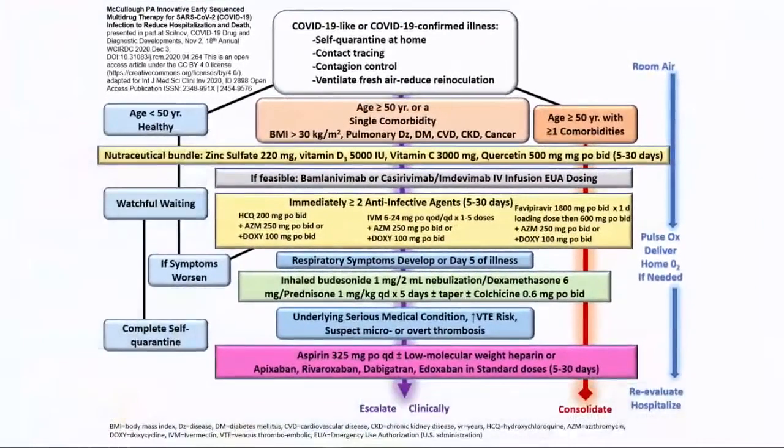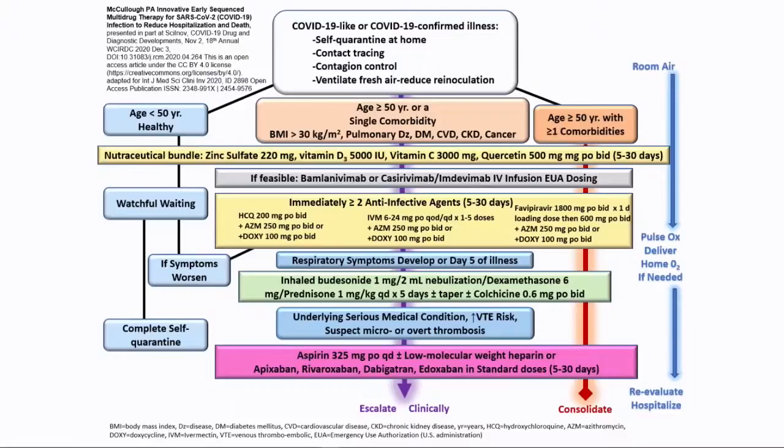So here's the program. Patients who develop COVID-19 should undergo self-quarantine, do contact tracing, and reduce spread of the illness. Patients can only spread the illness when they're acutely sick, typically with a fever. They cannot spread the illness when they have no symptoms. It's very important. So we only need to quarantine those who are sick. Doing lockdowns and restrictions on anybody who's not sick is not supported by the data, and in my view is fundamentally wrong.